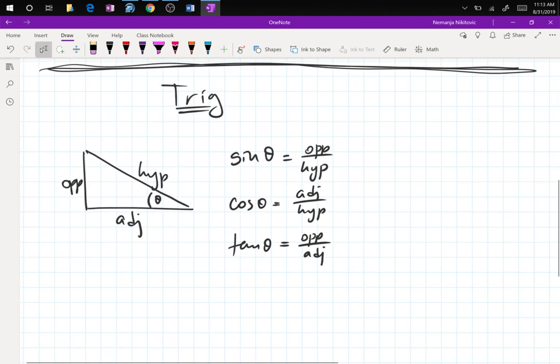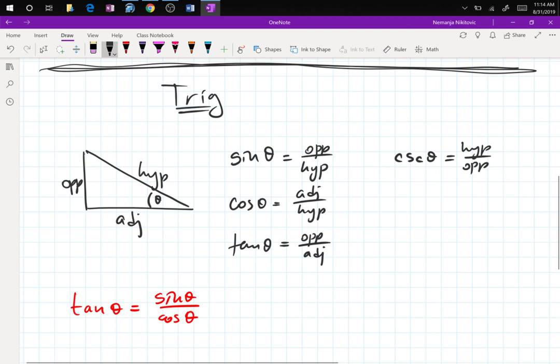And from there, we can immediately learn our first trigonometric identity that you absolutely must know, which is that tangent is sine divided by cosine. Now, there are 6 trigonometric functions, and the other 3 are flips of the first 3. Cosecant theta is hypotenuse over opposite, so cosecant theta is 1 over sine theta.